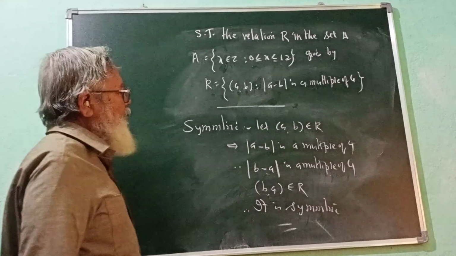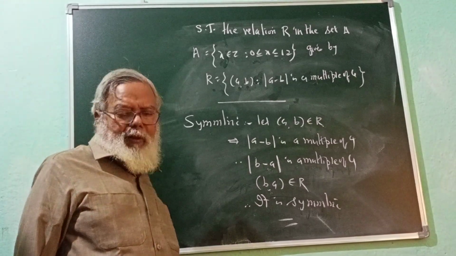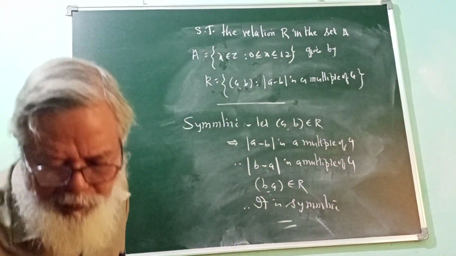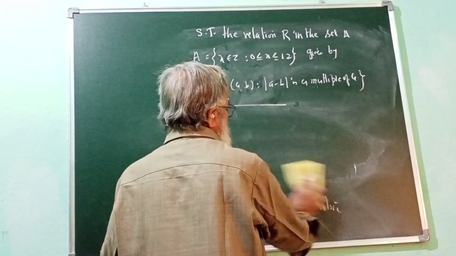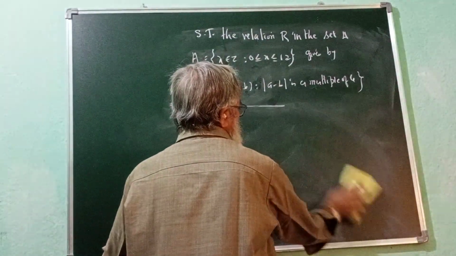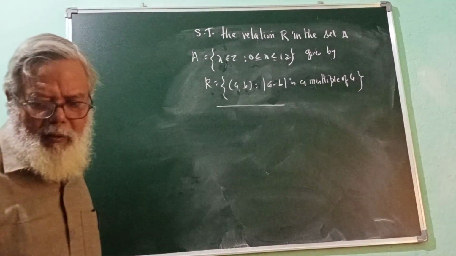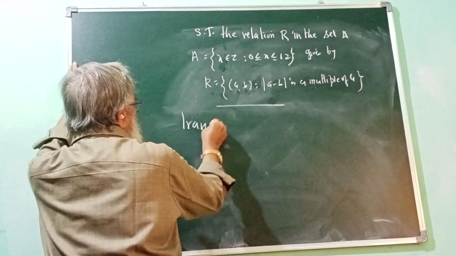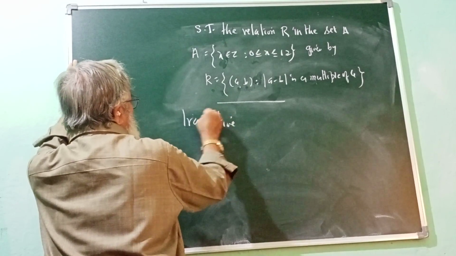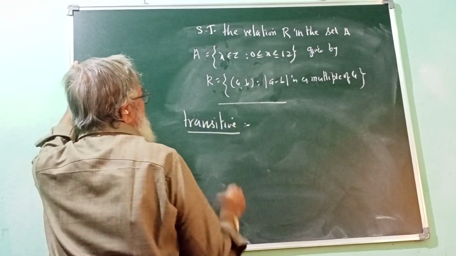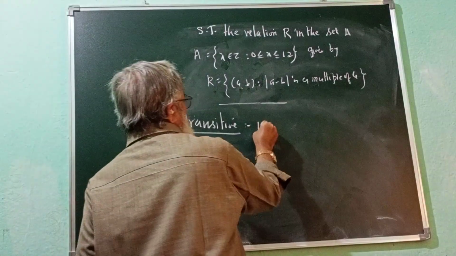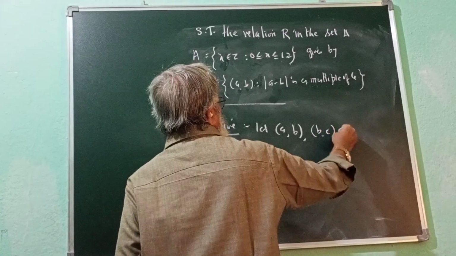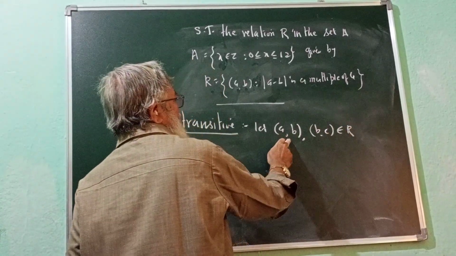Now we have proved that it is reflexive and it is symmetric also. Let us check for the transitive. For transitive, let us suppose two ordered pairs AB, BC belong to R. What is the meaning of AB belongs to R?